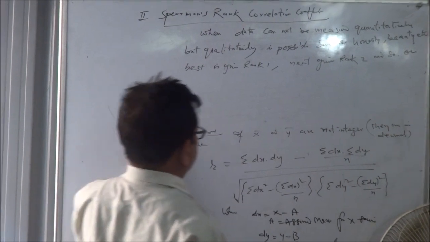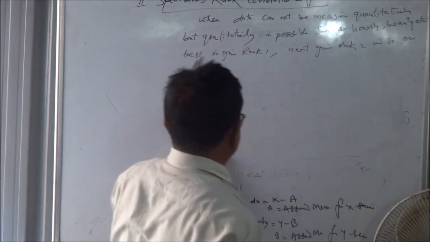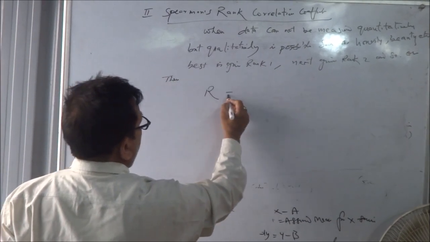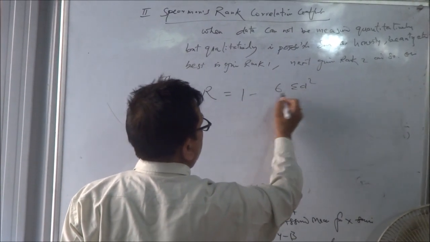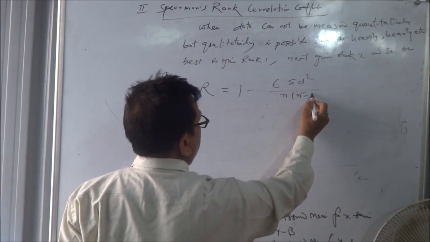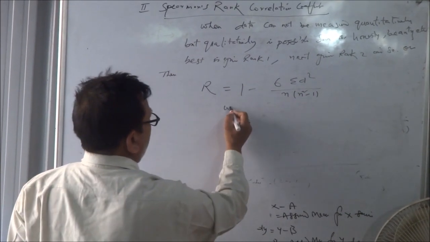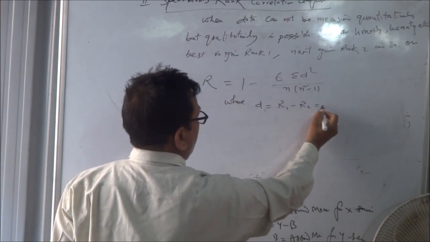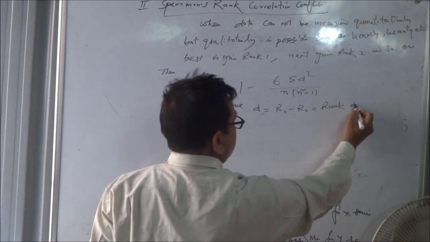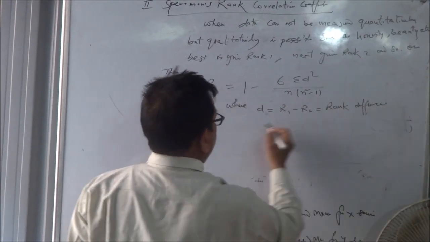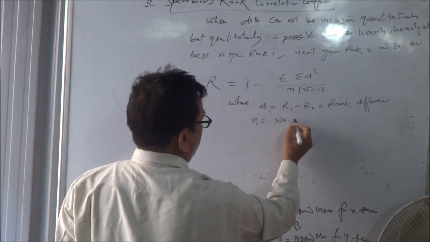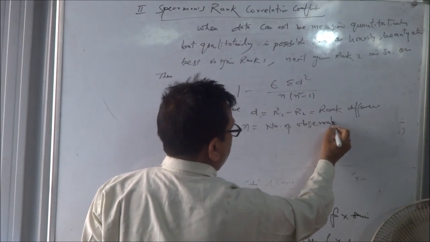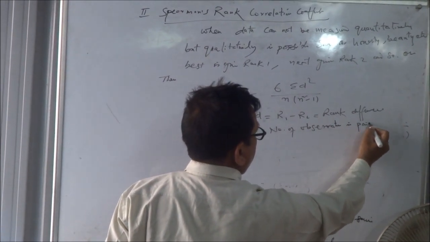In this case, the rank correlation coefficient is given by r equal to 1 minus 6 into summation d square upon n into n square minus 1, where d is the rank difference, r1 minus r2, and n is the number of observations in paired values.